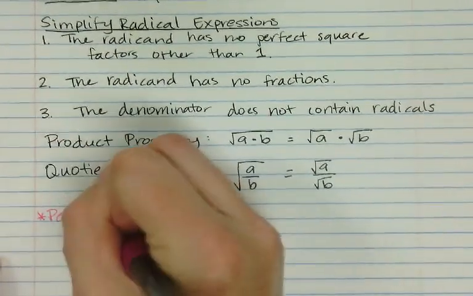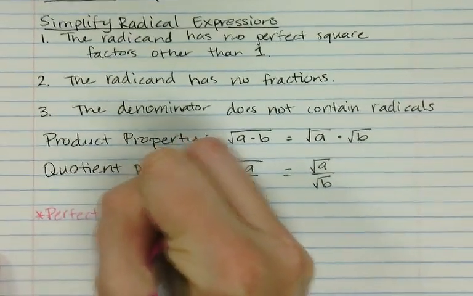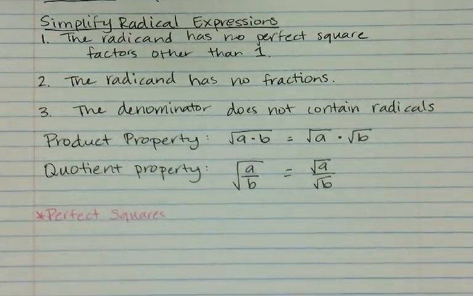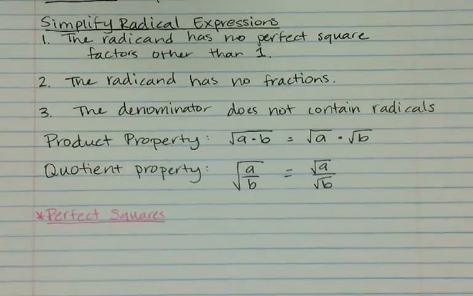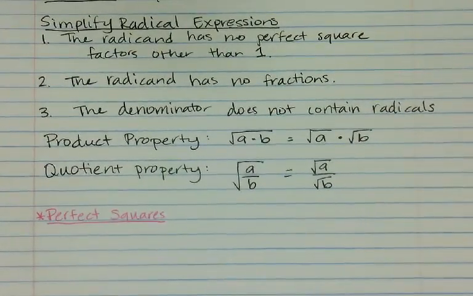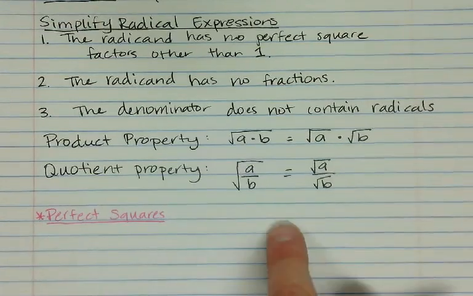Now guys, my perfect squares, I want you guys to think about these. Your perfect squares are the numbers that if you take the square root of it, it simplifies to a whole number. So let's write out our perfect squares.